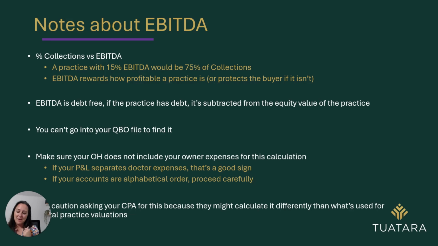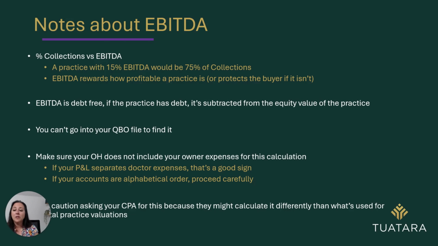Another note, again, my CPA is showing here, but I just have to say it. EBITDA is a calculation that considers the practice to be debt-free. If the practice has debt, many do, for equipment that they've purchased or even potentially the original purchase of the practice, etc., that is subtracted out from that equity value of the practice.